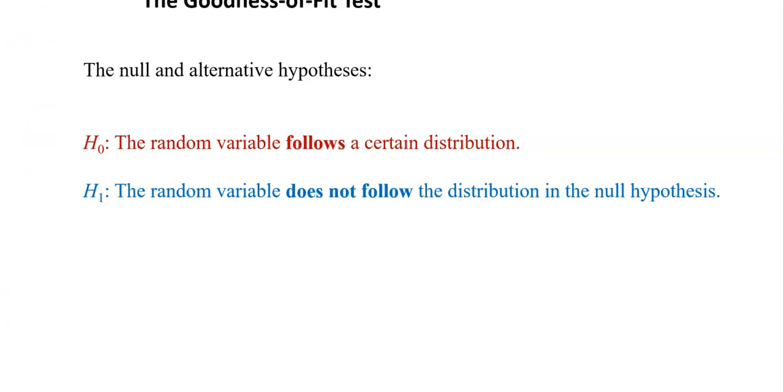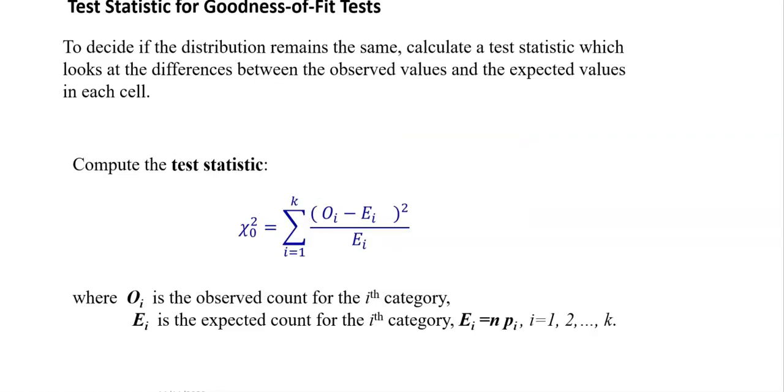The random variable does not follow the distribution in the null hypothesis. So we defined the hypothesis, and let's assume that we have a sample data set, and we would like to test whether the sample data set supports the claim in the alternative hypothesis.